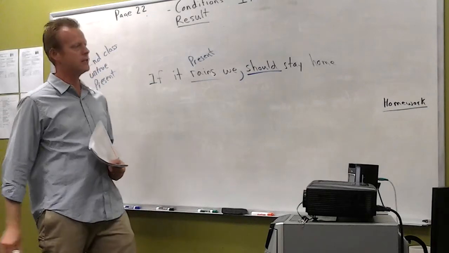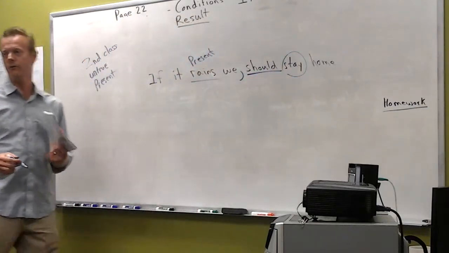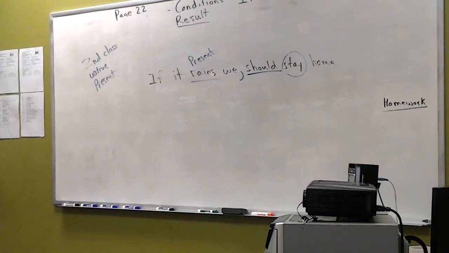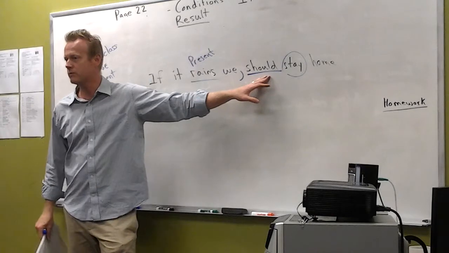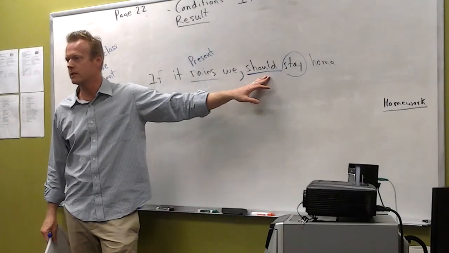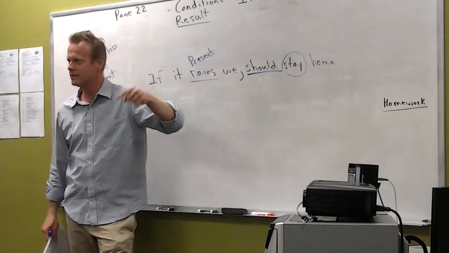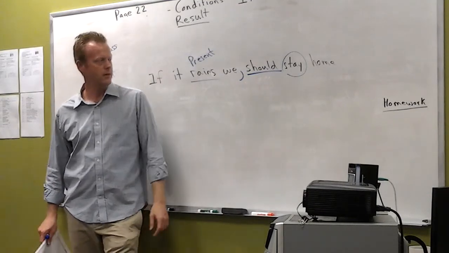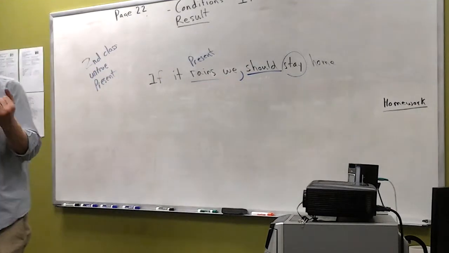You can use a past modal with the base form in a first class condition in the result clause. It's possible. And of course, these modals show different levels of stress, for different reasons. So this is kind of like obligation or advice. You should stay home. And we'll look at some of the different ways to use those.